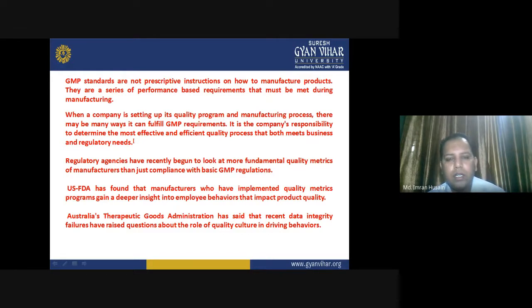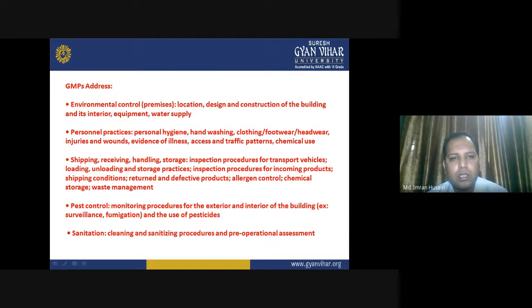Regulatory agencies have recently begun to look at more fundamental qualities of metrics and manufacturers than just compliance with basic GMP regulations. Now the conditions are getting stricter and stricter, right? Not only the manufacturing, but packaging and shipping, receiving, handling, storage.